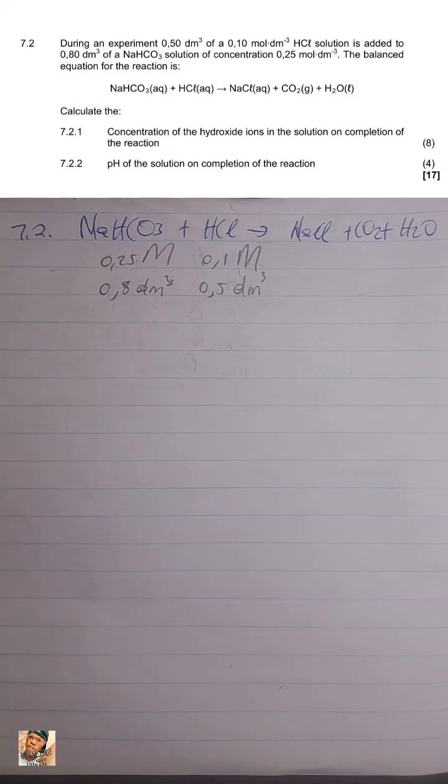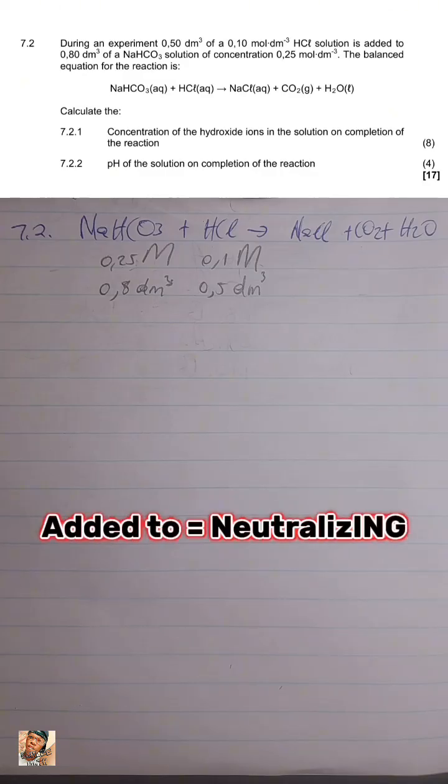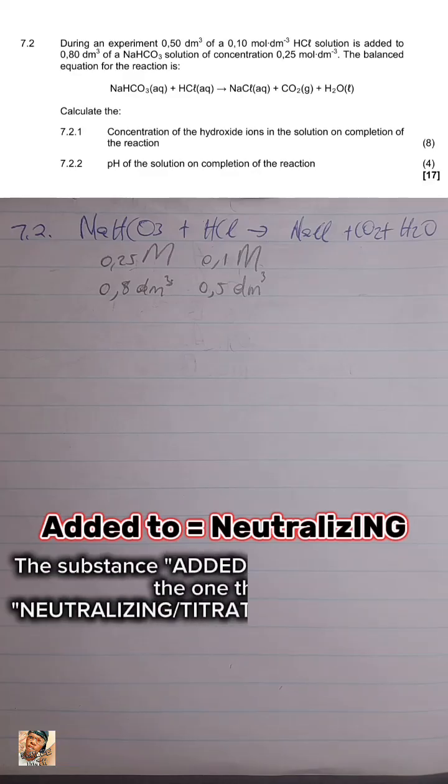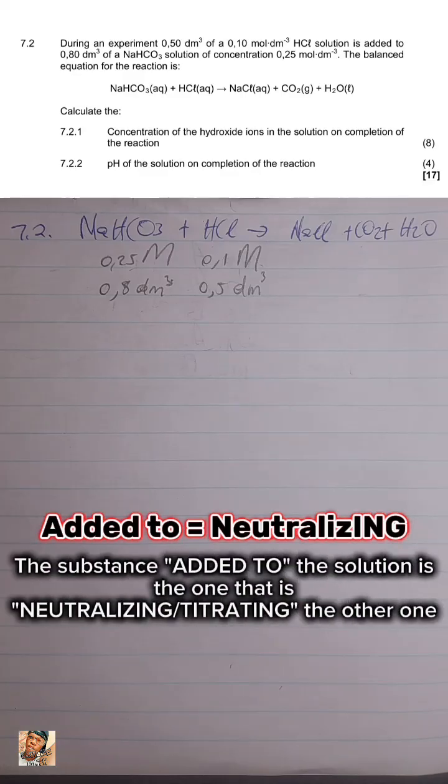So again, I'm going to read it very slowly. During an experiment, that amount of the acid is added to. The fact that they said the acid is added to means it is the acid that is neutralizing the base. Let me repeat that. They're telling us that during an experiment, that amount of the acid is added to the base.